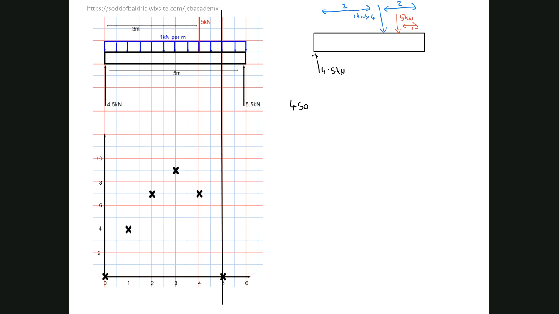4,500 times 4 meters minus 1,000 times 2 meters, times 4 meters times the 2 meters it is away from the pivot, minus 5,000 times the 1 meter it is away from the pivot.